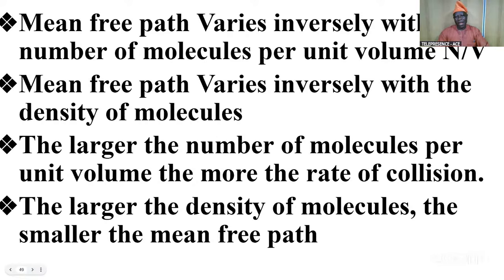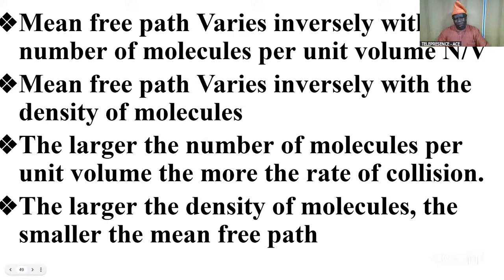So mean free path varies inversely with the number of molecules per unit volume. Also, mean free path varies inversely with the density of molecules. The mean free path, you have to note the other two factors.